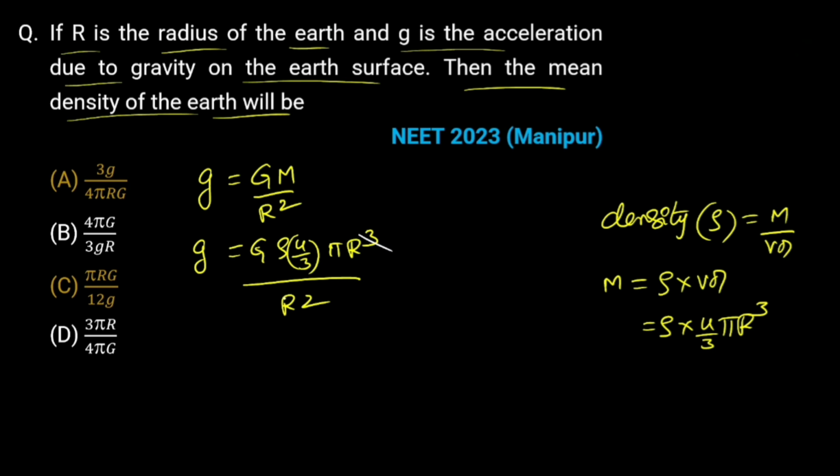One R square is cancelled. It is g equal to rho into G into 4 by 3 into pi into R. From this, the average density of the Earth is 3g by 4 G pi R.